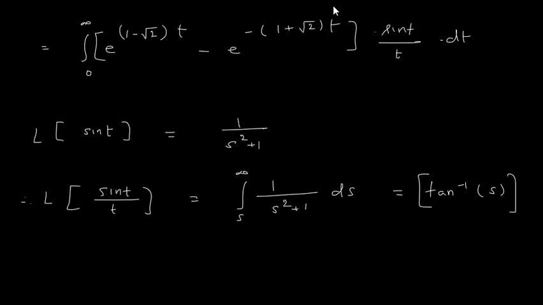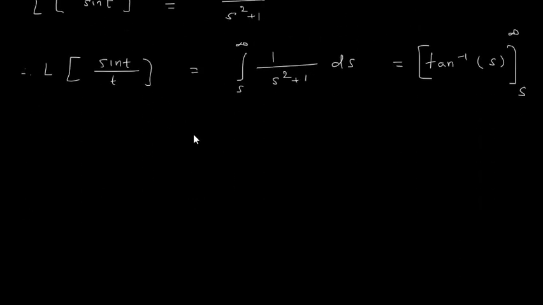Now we will apply the limits s to infinity. This will be equal to tan inverse infinity, which is pi by 2, minus tan inverse s. This will be cot inverse s.